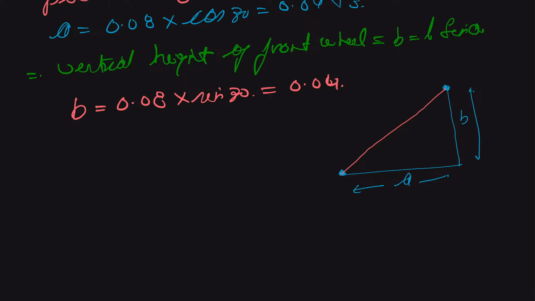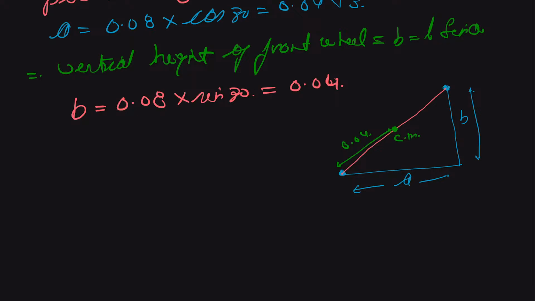Okay, and let us assume that the midpoint is somewhere here, and this will be L by 2, so this will be coming as 0.04. And we can find out the x and y coordinate of this midpoint. Okay, so this is our center of mass.